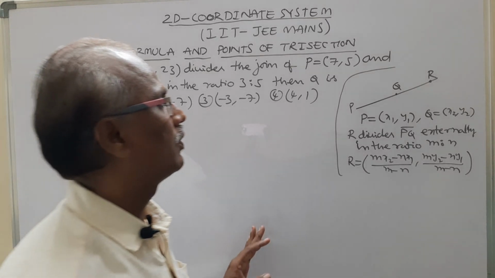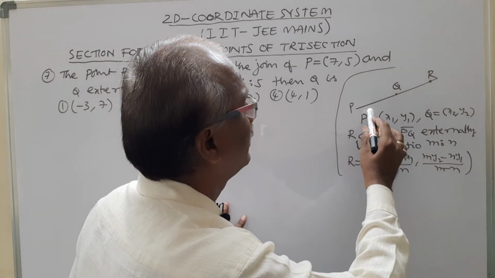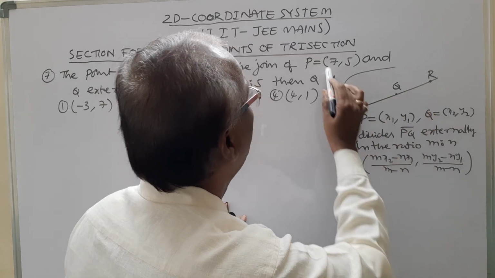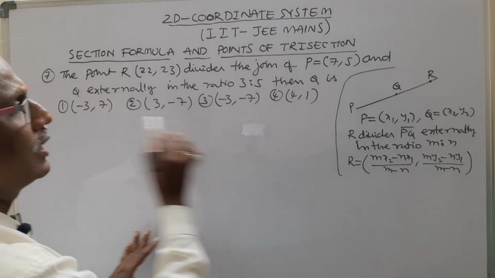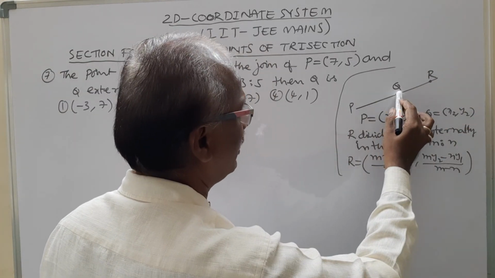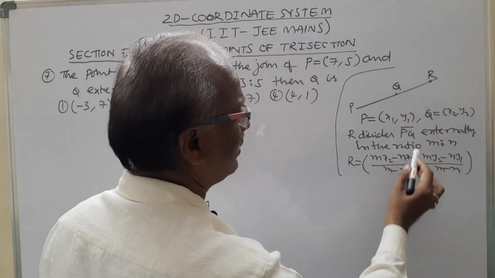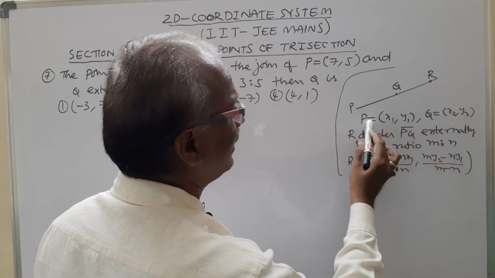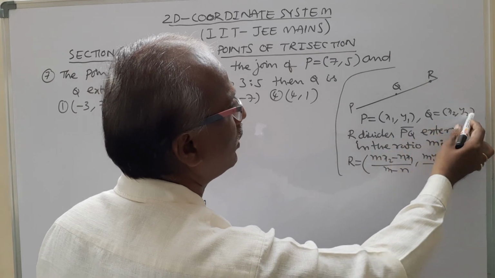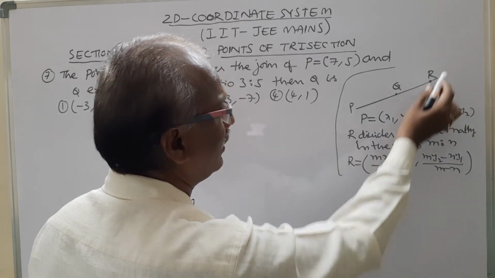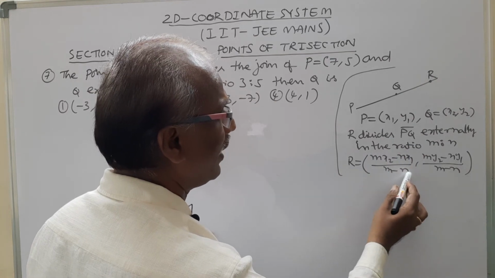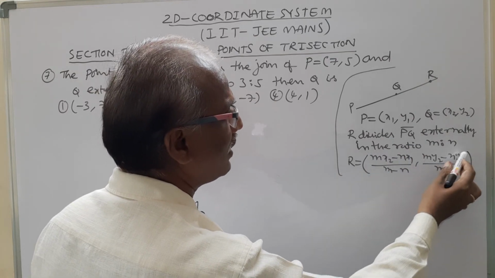One concept is already known from intermediate: if R divides the line segment PQ externally in the ratio m:n, with P equal to (x1, y1) and Q equal to (x2, y2), the formula for R's coordinates is (mx2 minus nx1) by (m minus n), comma (my2 minus ny1) by (m minus n).